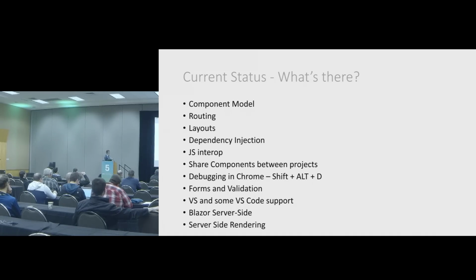You can do forms and validation, so the normal data annotation stuff you can do with Blazor as well. It has full Visual Studio support and some VS Code, and I know they're working on Visual Studio for Mac as well. And you can run Blazor server-side and on Electron, and they're also working on getting server-side rendering to work, which if you've done SPAs, you may be familiar with that term.